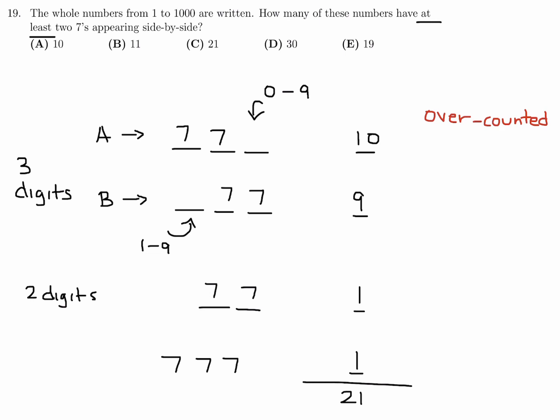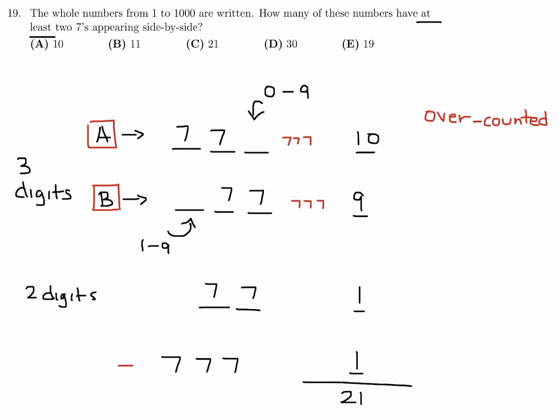Why did we overcount? Well, because in this category, one of the numbers is 777, right? It's when this third digit becomes a 7. In this category, one of the numbers is also 777, correct? When one of these is a 7.